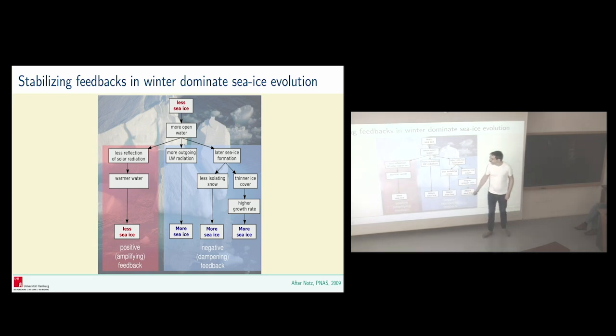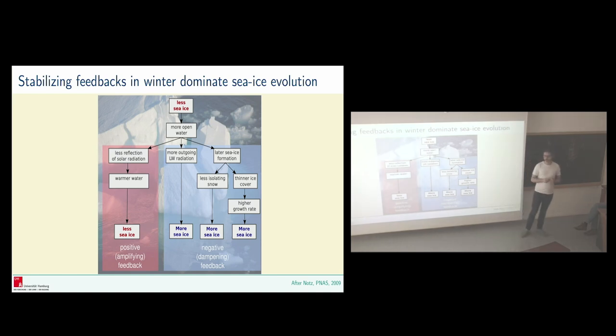But then as soon as winter comes, if we have a lot of open water, we have more outgoing longwave radiation, we have later sea ice formation, so lots of the snow actually falls into the water rather than landing on the ice, so throughout winter we have less insulating snow. We have a thinner ice cover, so a higher growth rate, we get more sea ice. And what we see from observations and also from the models, these processes dominate, otherwise we wouldn't have sea ice in the Arctic.